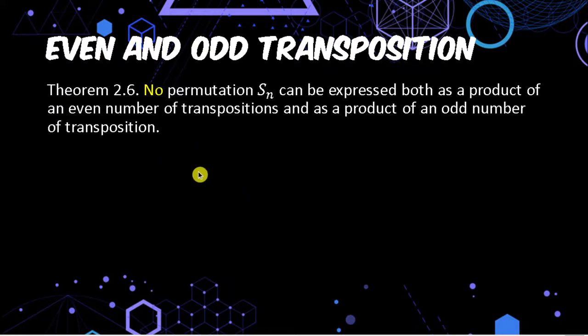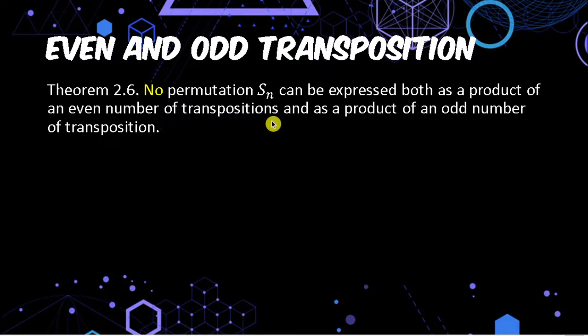We have theorems here and actually a definition yata. Theorem 2.6, it says here that no permutation of S sub n can be expressed both as a product of an even number of transpositions and as a product of an odd number of transpositions.